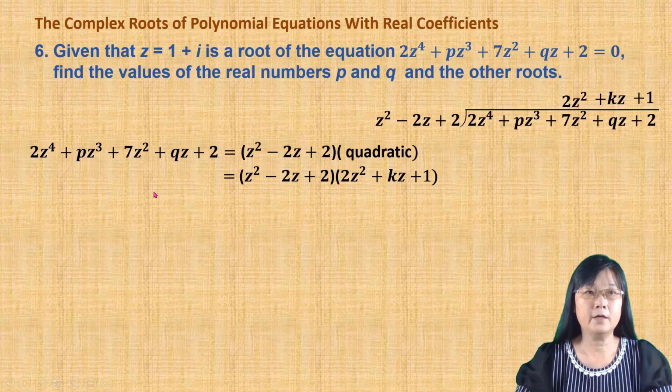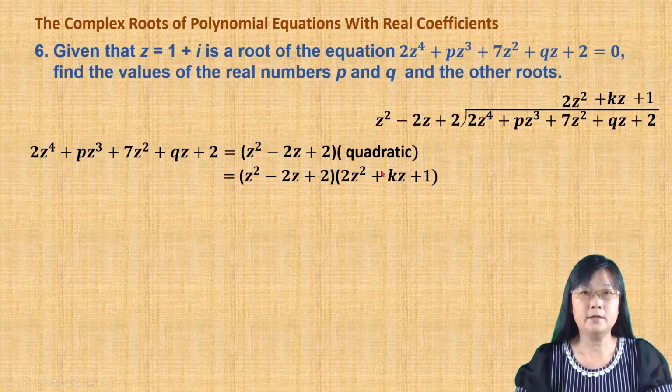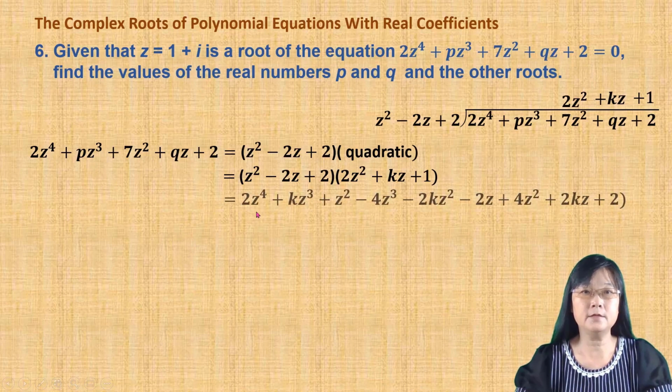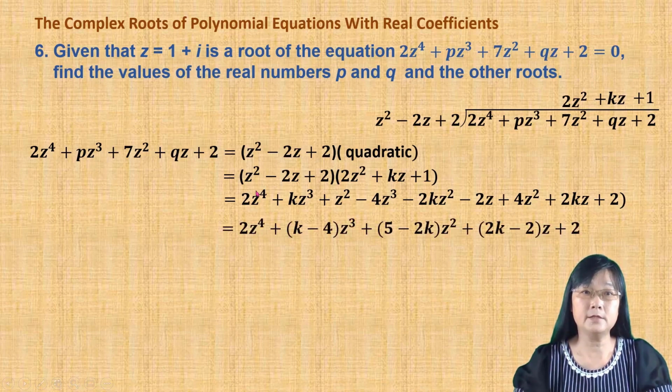So before I can compare the coefficients, I'm going to expand these two quadratic factors. After that, I will collect all the same terms, that is the term of power 4, terms for power 3, terms for power 2, terms for power 1, and the constant.